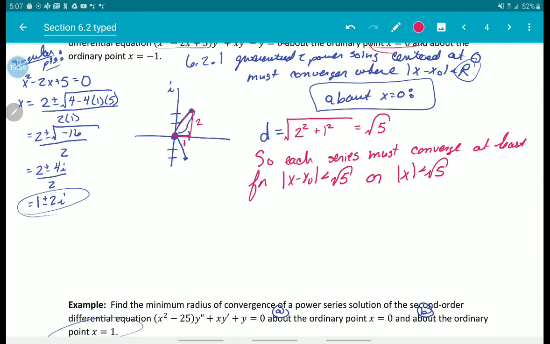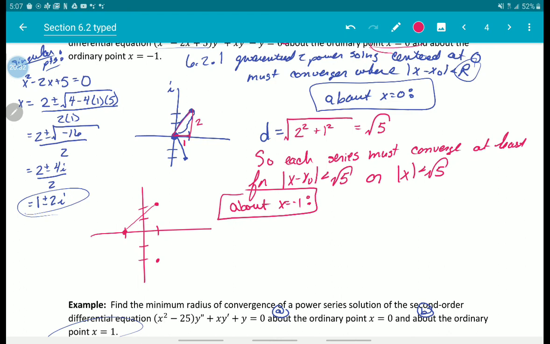There could certainly be something outside of that. We're just looking for that minimum. Now, let's look at what happens about the ordinary point -1. That's going to change our picture a little bit. And I definitely recommend drawing a picture for these so you can see what it's going to look like. So we're still looking at 1 plus 2i and 1 minus 2i. And we're going to -1 here. So we want to find that minimum distance.